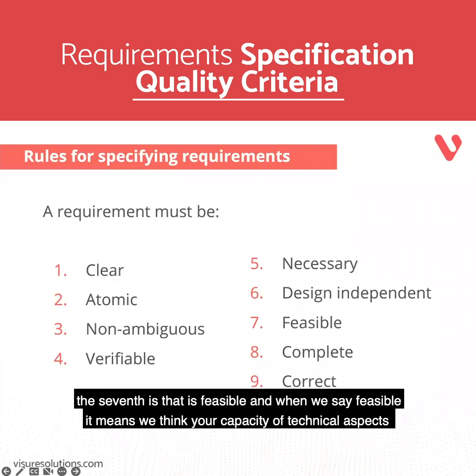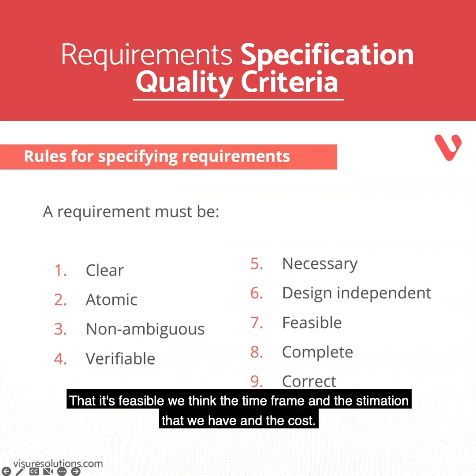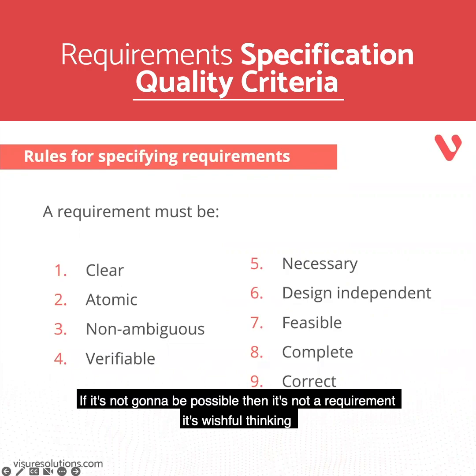The seventh is that it's feasible. And when we say feasible, it means within your capacity of technical aspects. So the technology is there and you have access to it, that it's feasible within the time frame and the estimation that we've had, and the cost. If it's not going to be possible, then it's not a requirement.